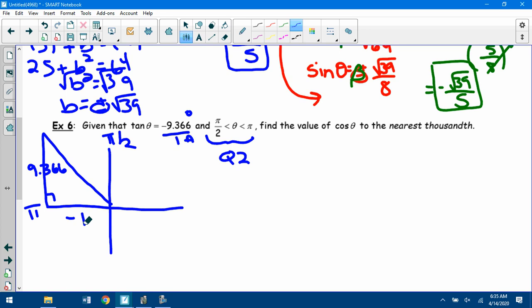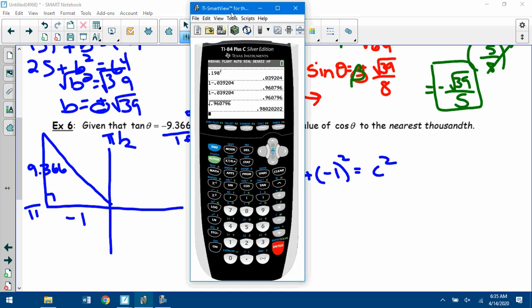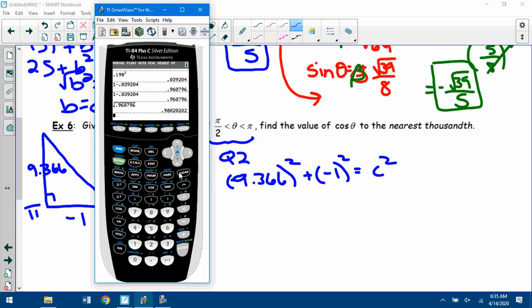Okay, so then Pythag it. 9.366 squared plus negative 1 squared equals c squared. Let's type in this whole left side in one step. 9.366 squared plus negative 1 squared, but that's just 1. Hopefully you know that.